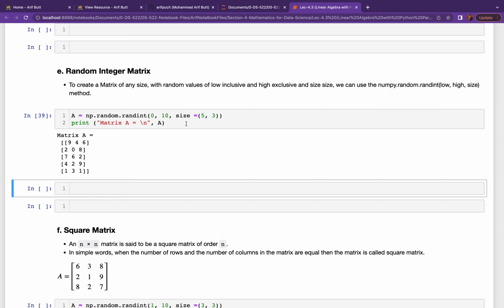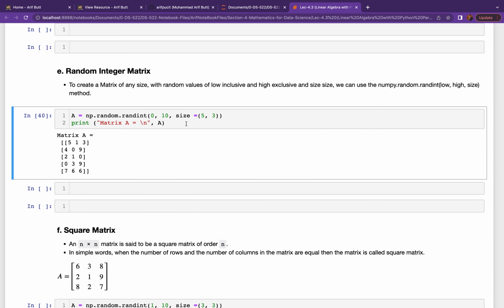Let me run this code again and again and again. I hope this makes sense. You are getting a randomized matrix of 5 rows and 3 columns, and the elements of this matrix are from 0 to 10, where 10 is not inclusive. Great.